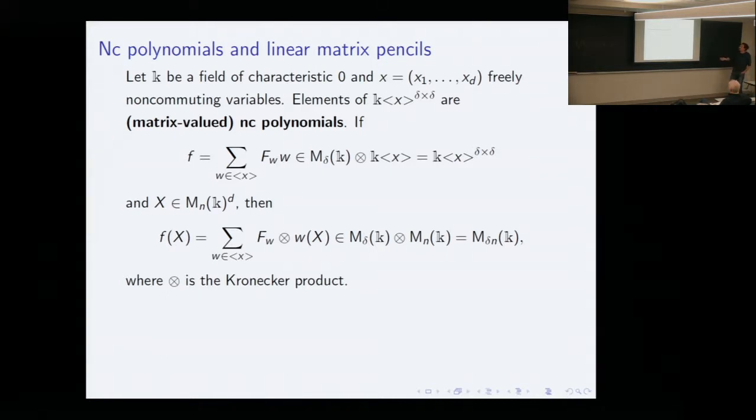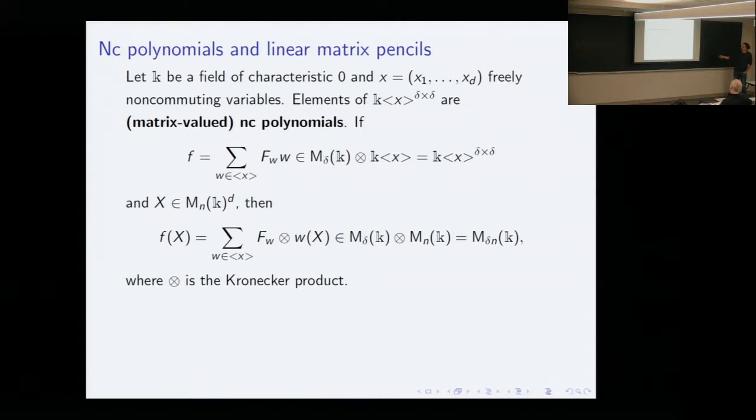So what's an element? It's a sum. You can think of it as a sum of matrix coefficients and words in x1 to xd. Or you can think of it as a delta times delta matrix where each entry is an NC polynomial, an element of the free algebra. We can evaluate them on matrix tuples.